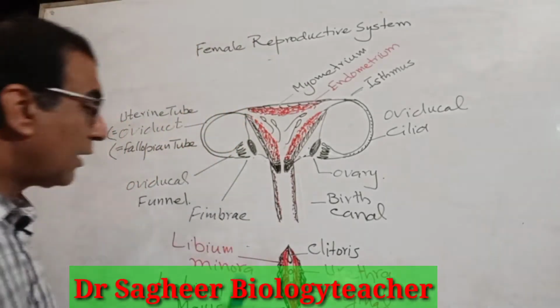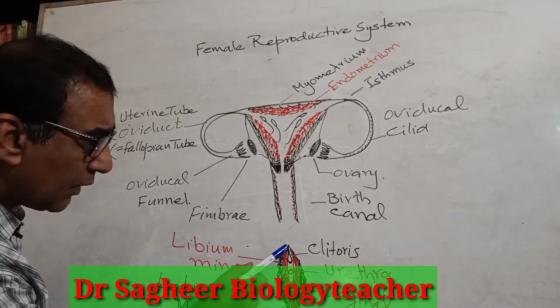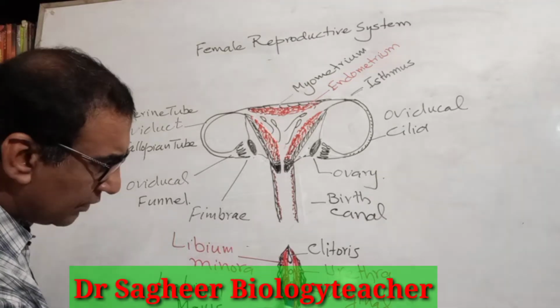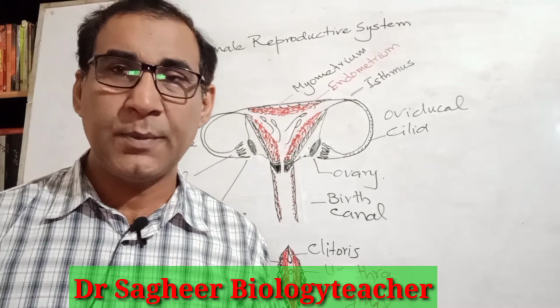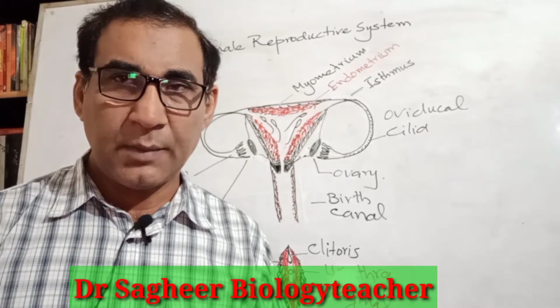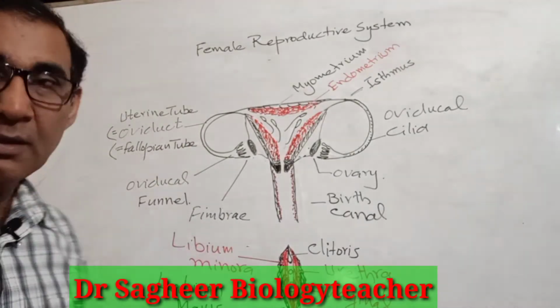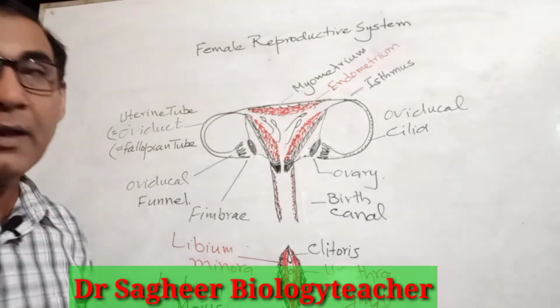They include what I have drawn here. You can see the outermost part. This is known as the major lip, the major lip or labium majus. Labium majus. This one.